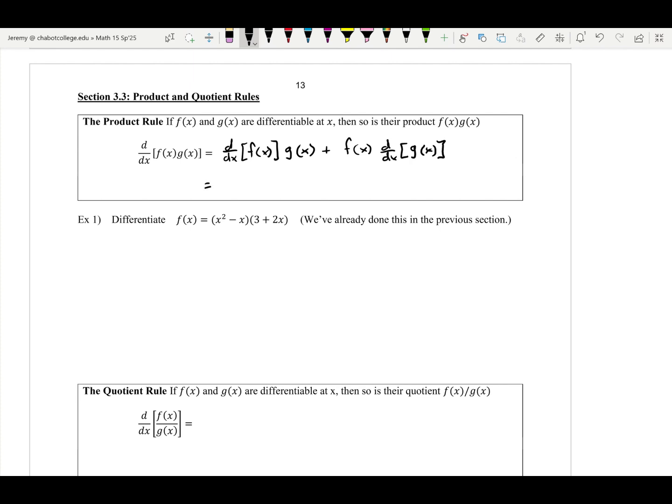Or using prime notation, it's f prime of x times g of x plus f of x times g prime of x.